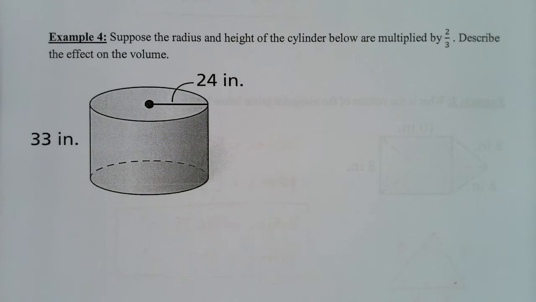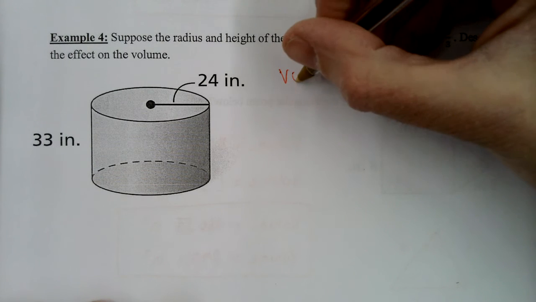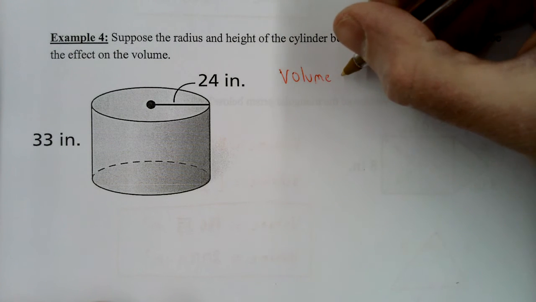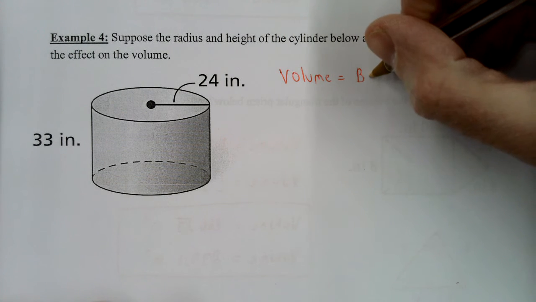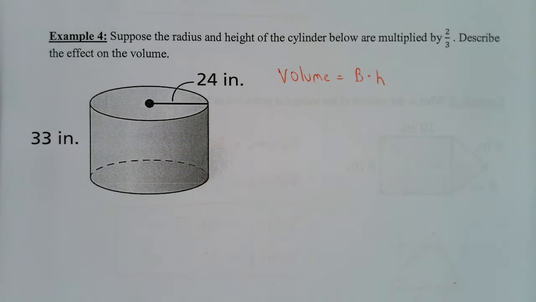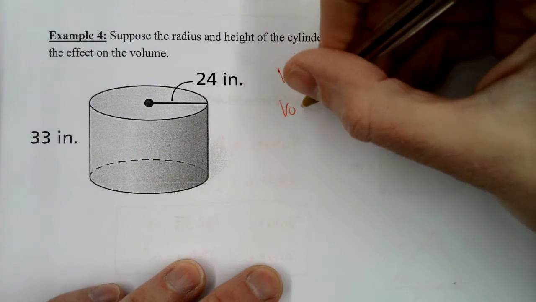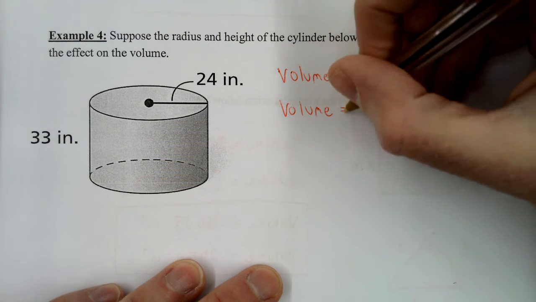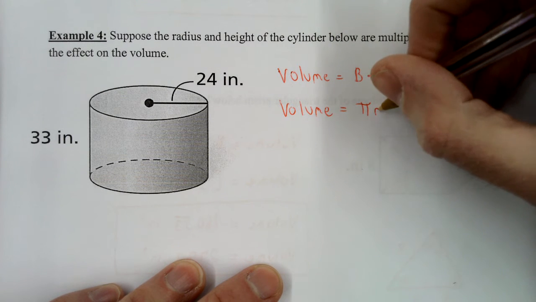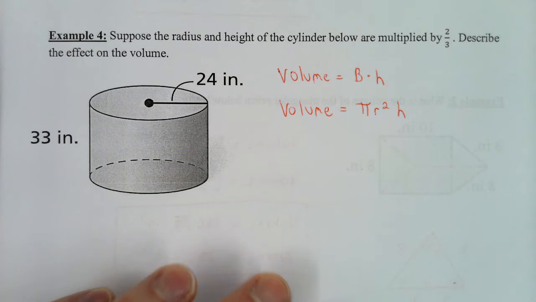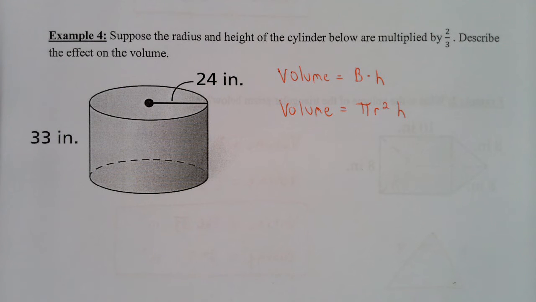We have a cylinder, so the volume equals base times height. And since the base is always a circle, you can write volume equals pi times radius squared times height.